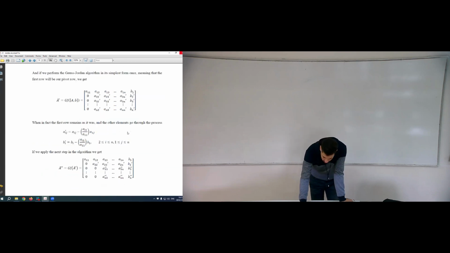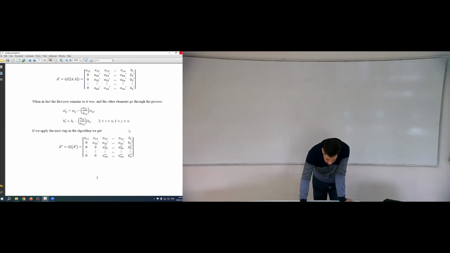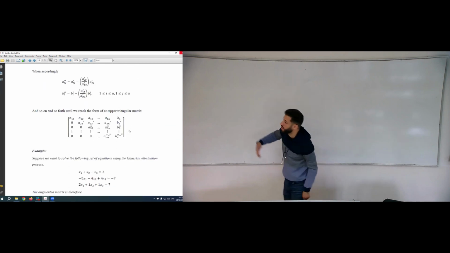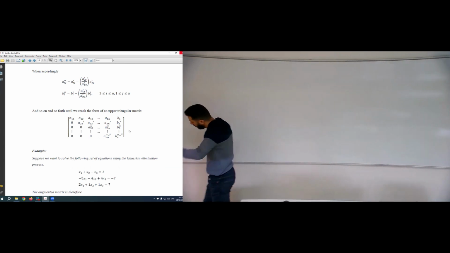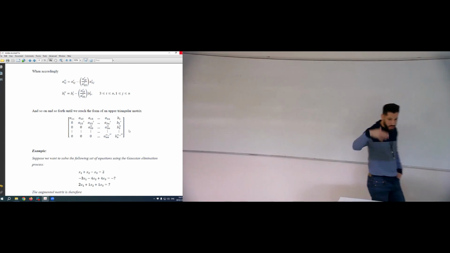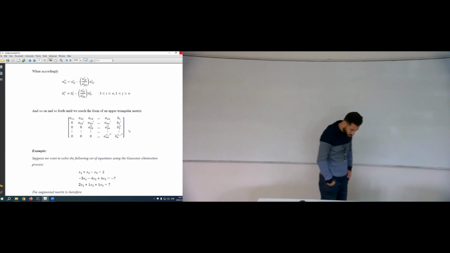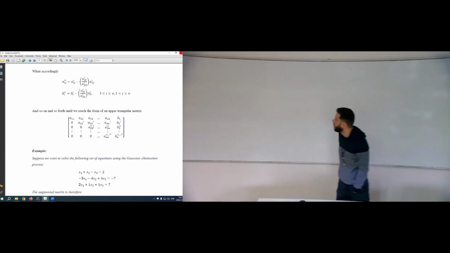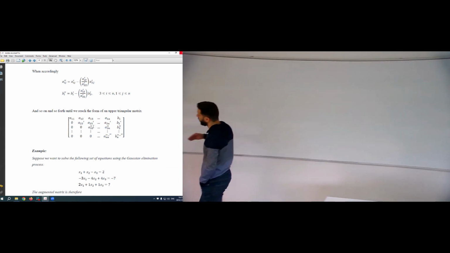And it will continue like this. So we call this element the pivot, or the pivot axis. And we make this calculation n-1 or n-2 times, because at the last step I don't do anything. And then we will get to this upper triangle.